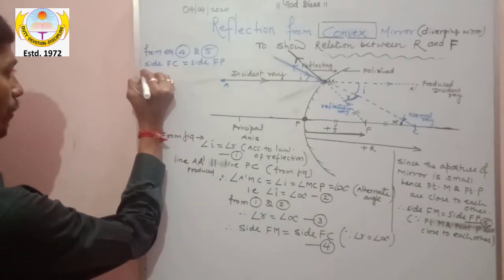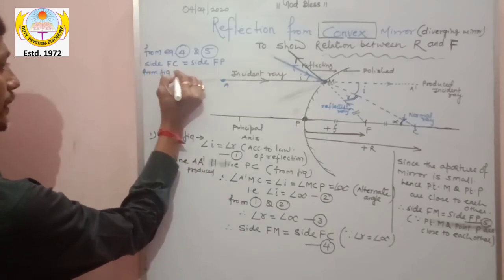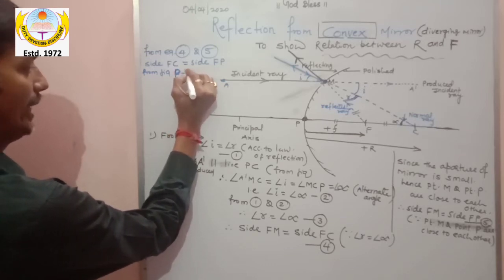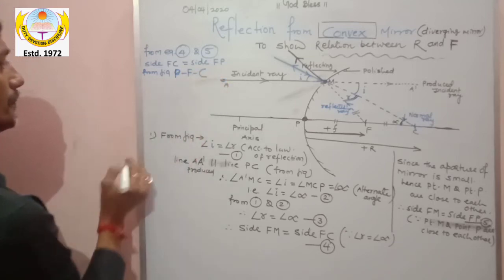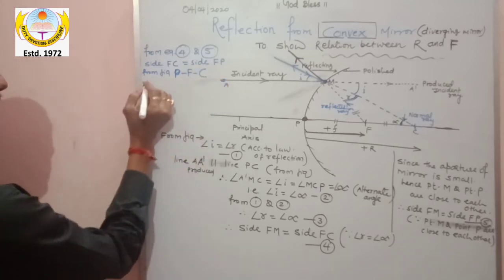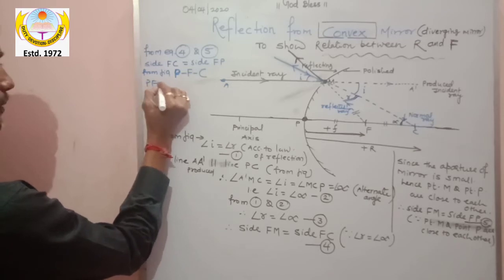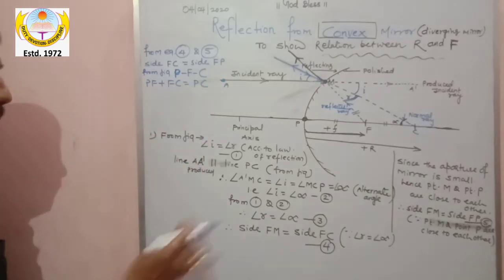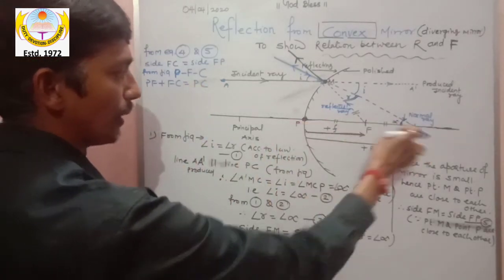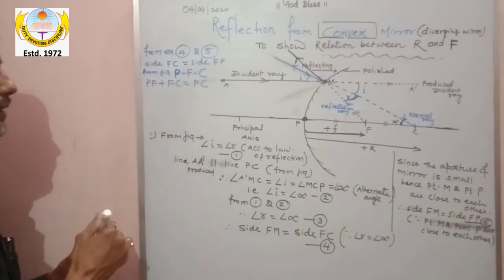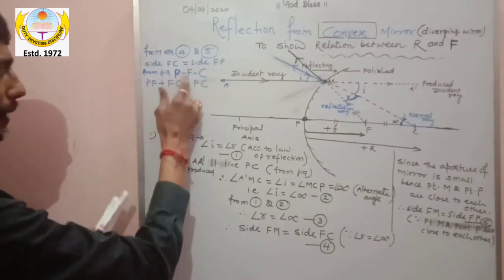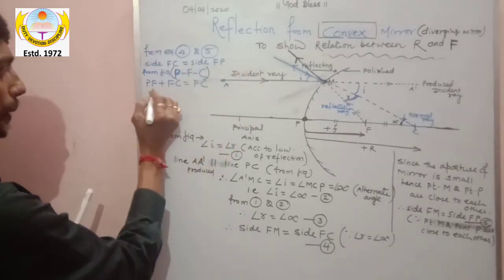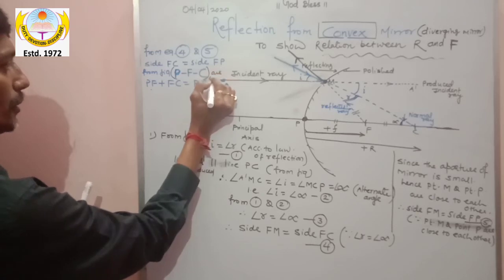Now from the figure, see this one, in PFC, you can see PF plus FC is equal to PC. From the figure, P, F, C are collinear.